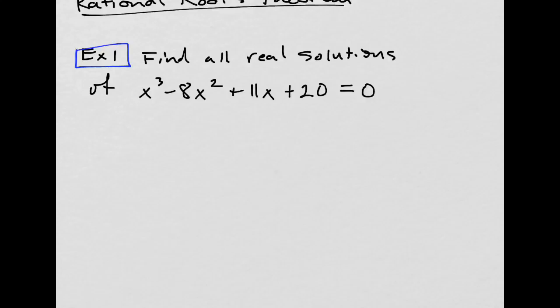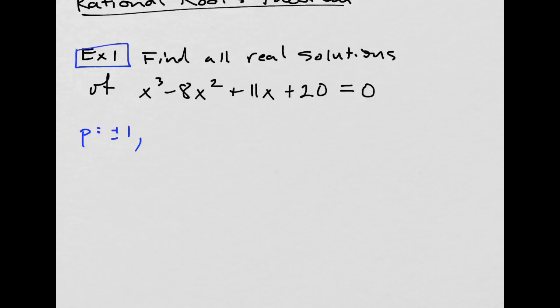The first thing that I'm going to do is write all the factors of this number, and I'm going to call those p. So these are my p values. What are the factors of 20? Like what times what gives you 20? Well, 1, but we're going to say plus and minus every single time, because we can always do a negative factor as well. Like a negative 1 times a negative 20 will give me 20. So we always do plus and minus.